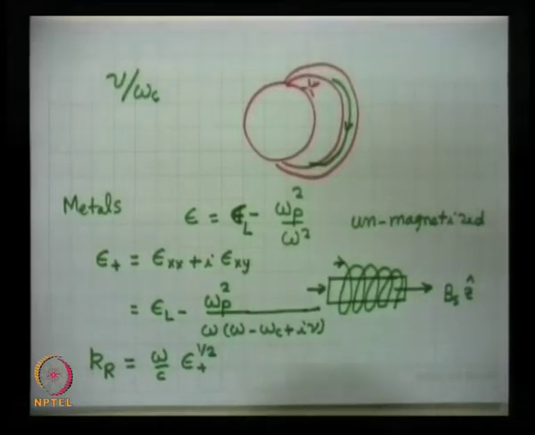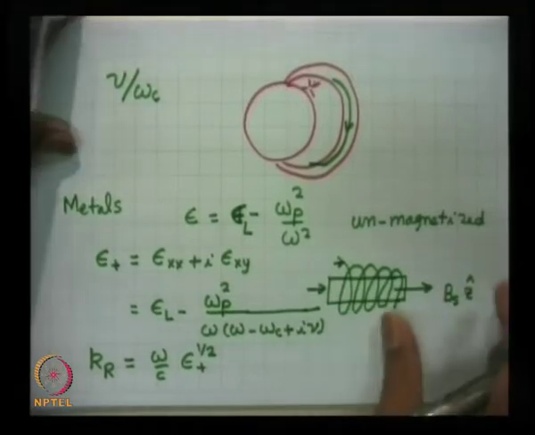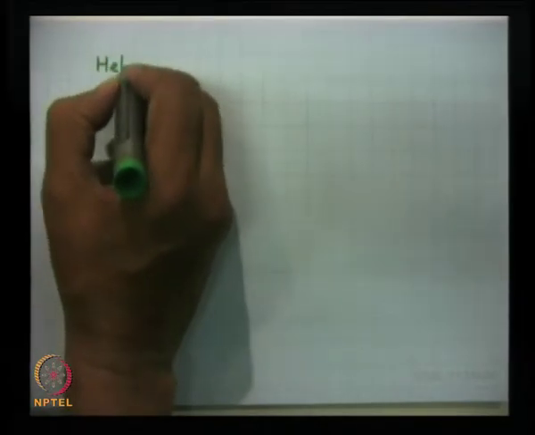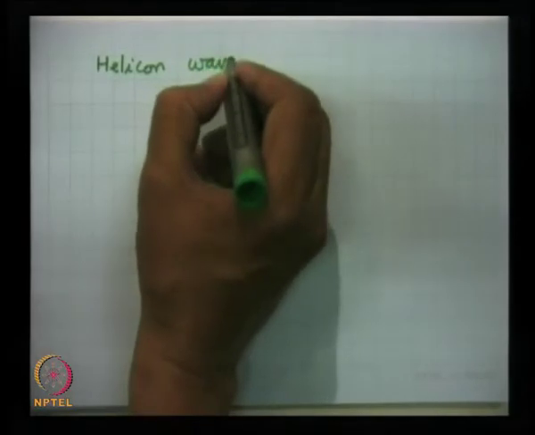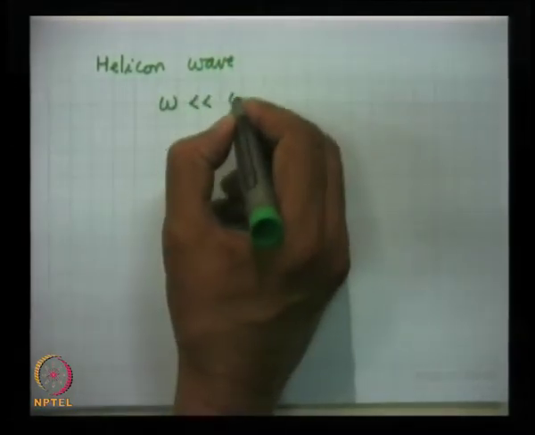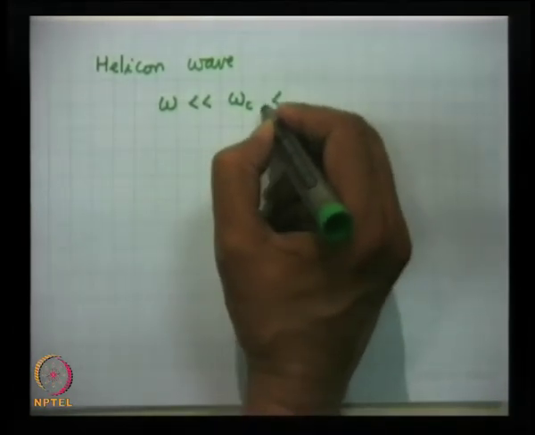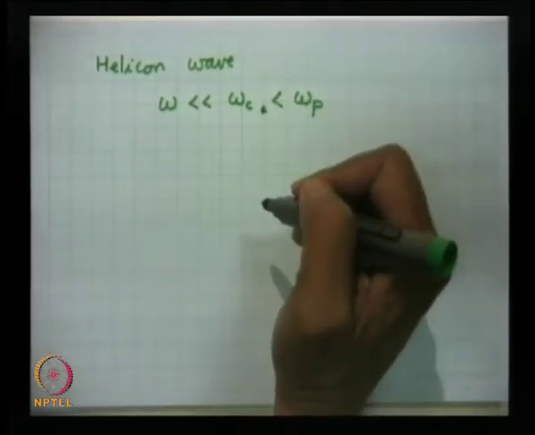Then the character becomes very similar to the case of a plasma, and this whistler wave in a metal is called a helicon wave. It has a frequency much less than the electron cyclotron frequency, and usually in metals this is much less than omega p indeed.